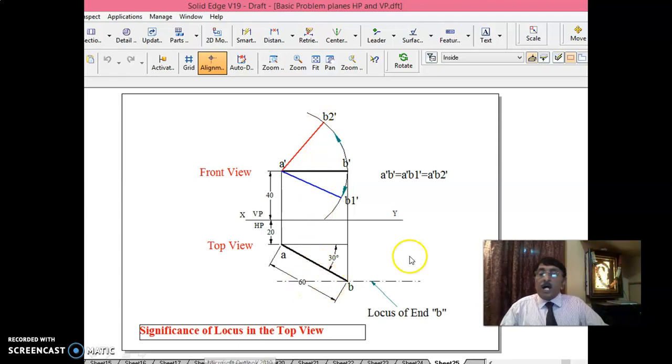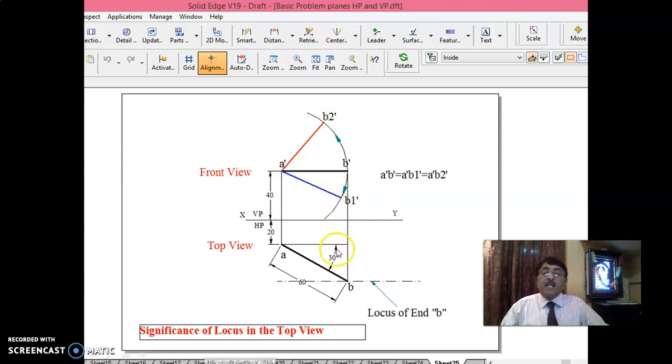This is one thing. Another thing you should know is, as long as inclination to VP remains same, and if you rotate the line with respect to HP, whatever may be the inclination with respect to HP, the length of the front view remains same. A dash B dash is equal to A dash B2 dash or A dash B1 dash.